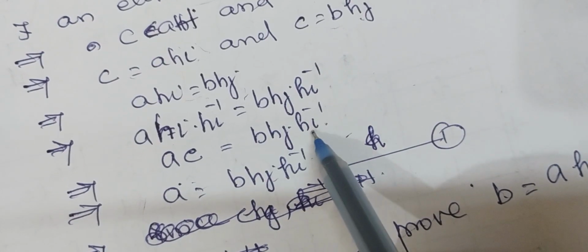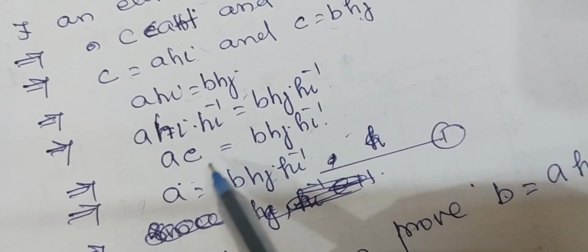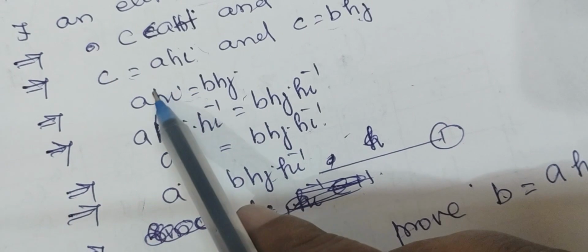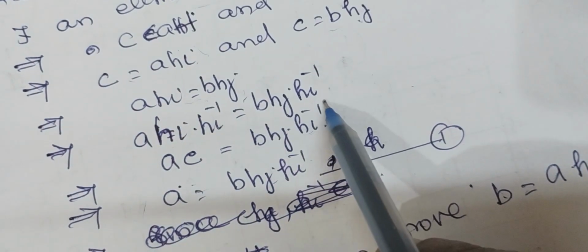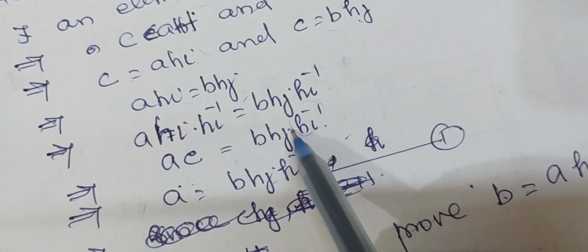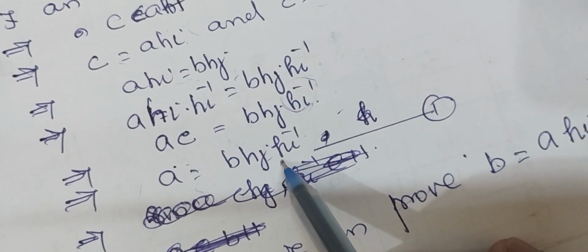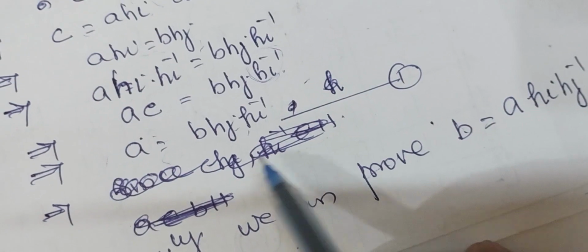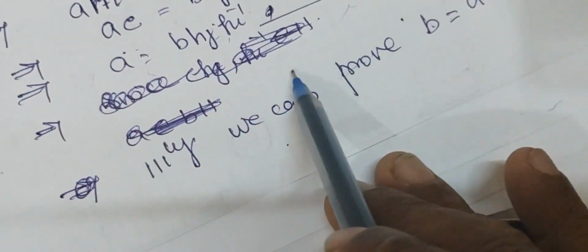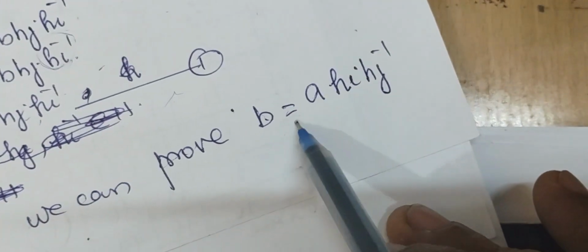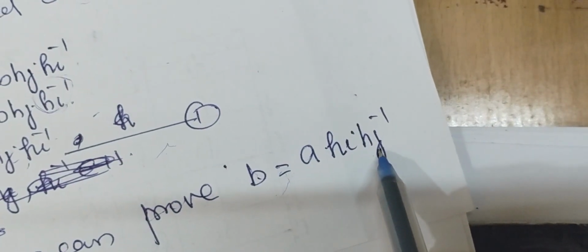In the textbook it is a mistake; the elements are in the right position, so the operation should be on the right. So a is equal to bh_j h_i inverse, and this is equation number 1. Similarly, in the same way we can prove b equal to ah_i h_j inverse.